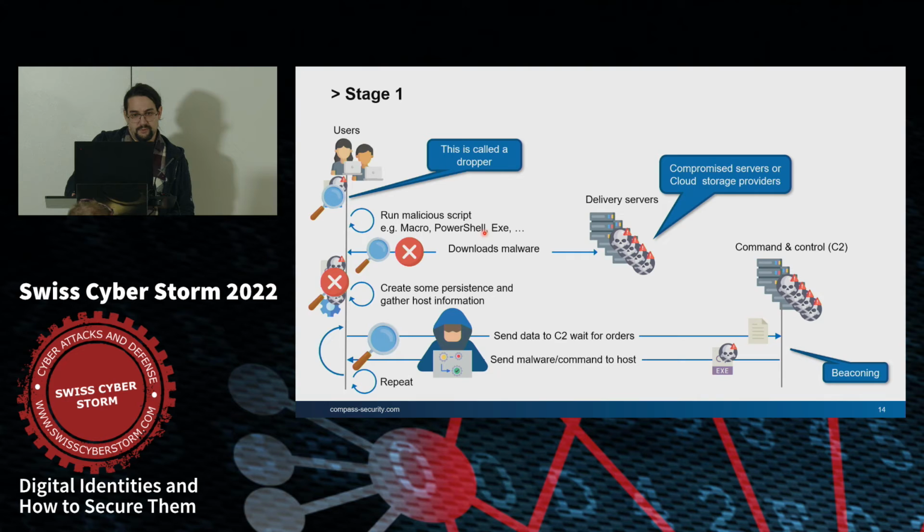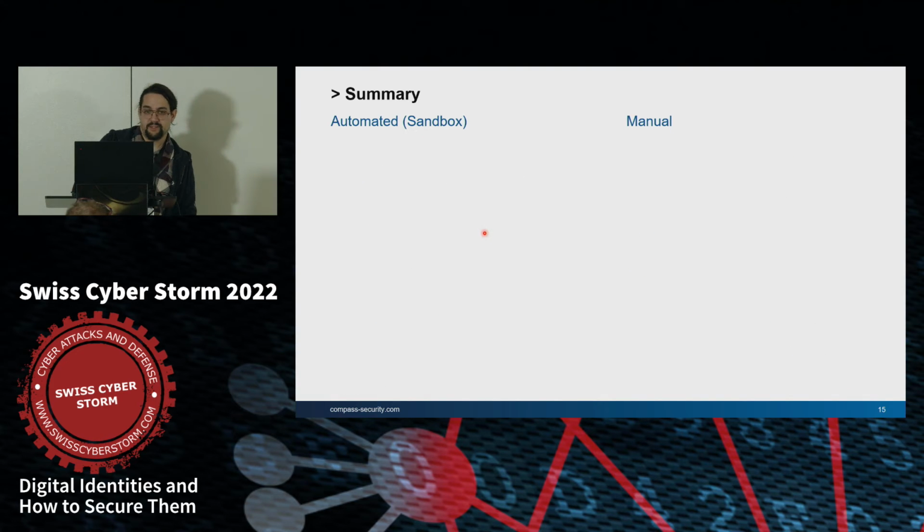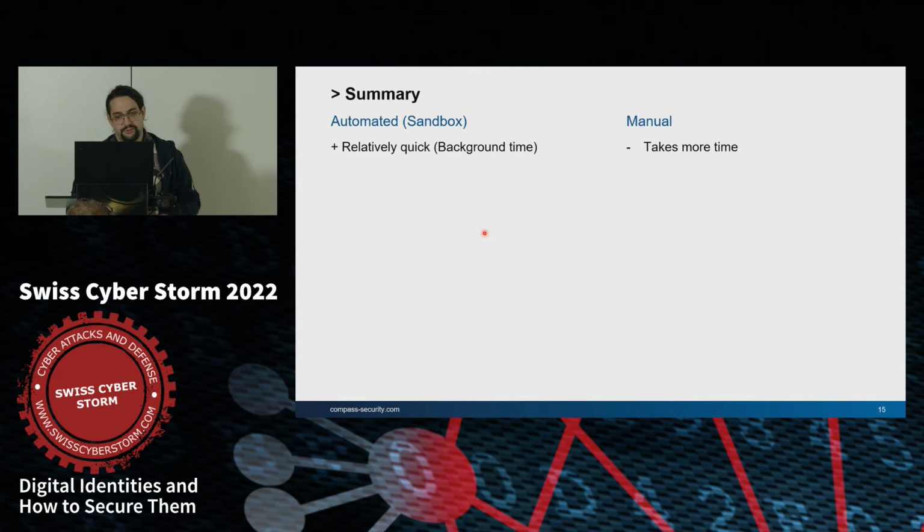Okay, so to summarize, automated versus manual. Automated can be done relatively quickly. You can just put your files there, wait for the report, and then look at them later. Manually, it takes a bit more time.